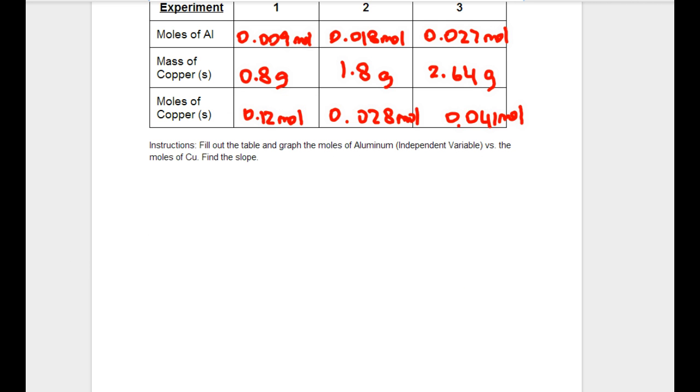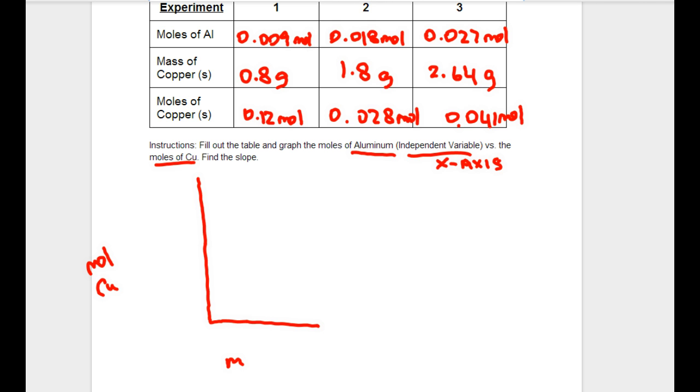So the next step for the homework is to fill out the table and graph the moles of aluminum, this being the independent variable, which means that it would be the x-axis, versus the moles of copper, and then to find the slope. So first thing, let's graph it out. Here we have moles of copper, and here we have moles of Al. So let's try to make the best estimate that we can.